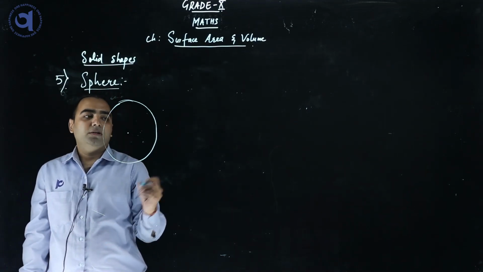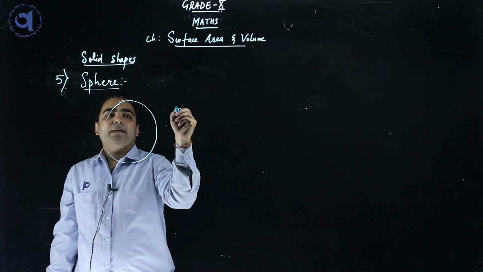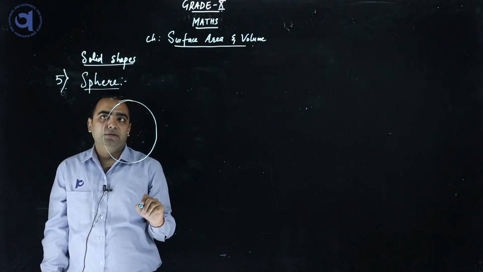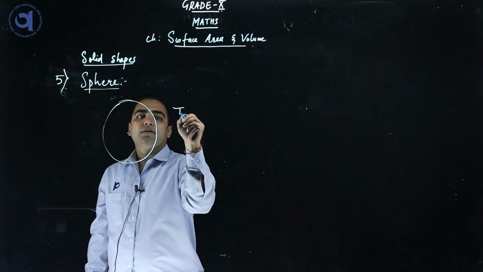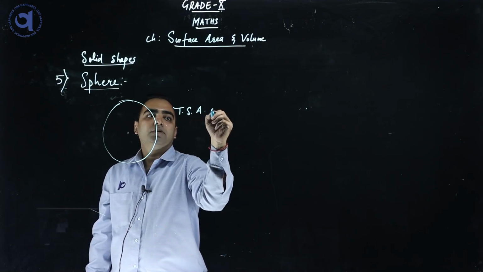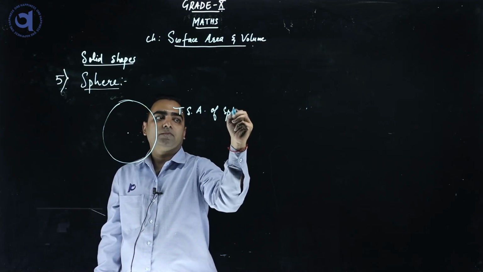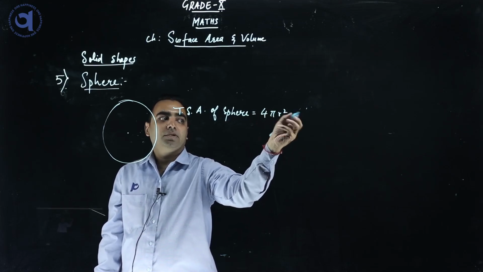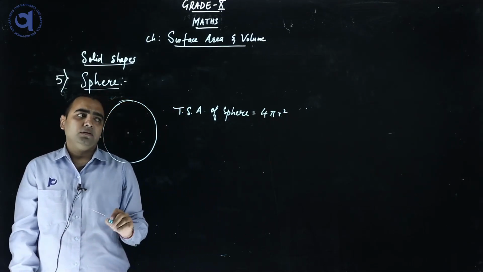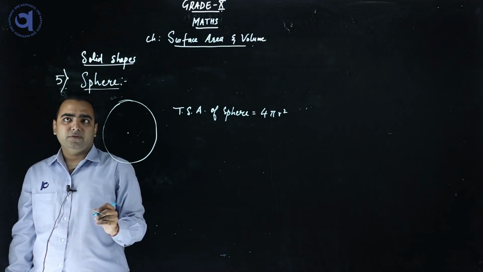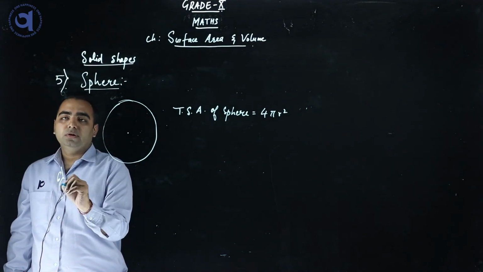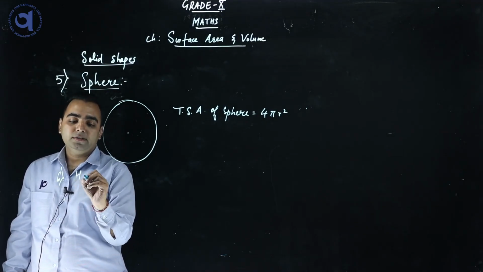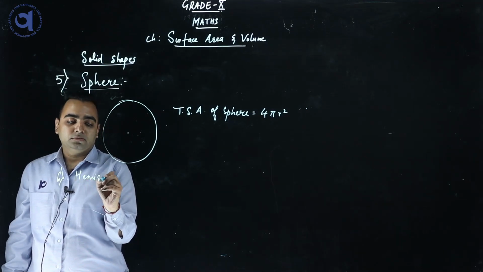Now for the sphere formula, say for example, if I want to write the formula, the total surface area of a sphere equals 4 pi r square. Now here there will be no curved surface area. When we do curved surface area, that means it is a hemisphere.